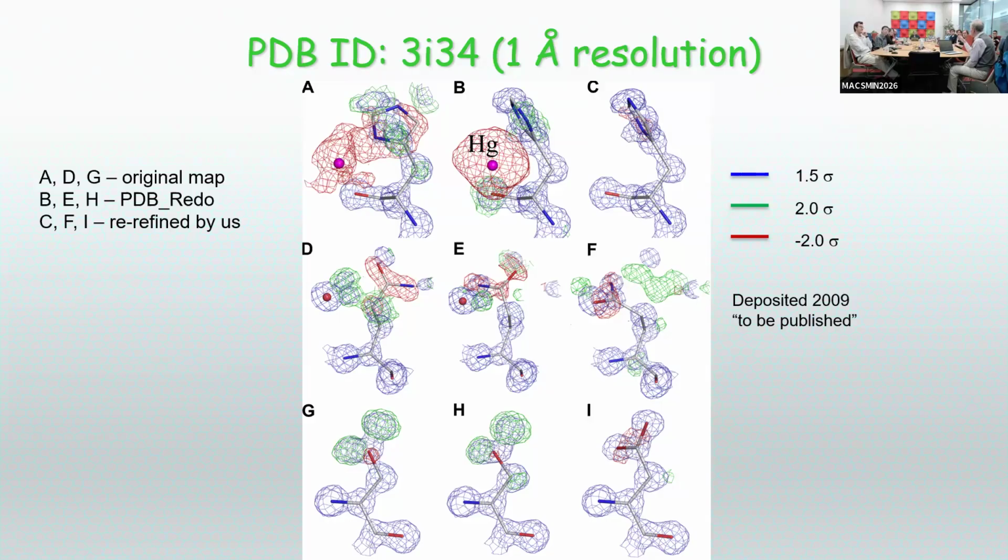It's called PDB redo, and they re-refine every structure. But they re-refine, they don't rebuild them really. So as you can see, the only thing that happened was that the electron density for the mercury is now a much better red, showing that it's even less there. And then when we just did some very simple re-refinement and removed it, everything agrees very nicely. So that's one case.